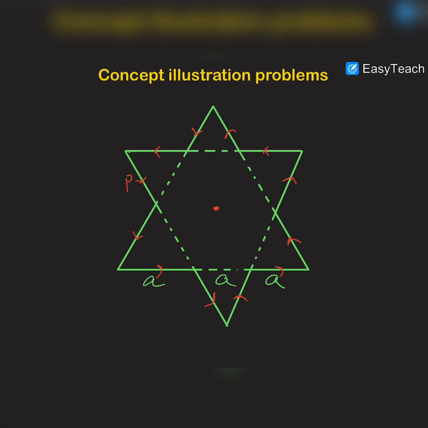But you can also apply a simple analogy: we can imagine this figure to be formed as the combination of two equilateral triangles, and we have removed this hexagon from this combination of triangles. So this figure will be formed.